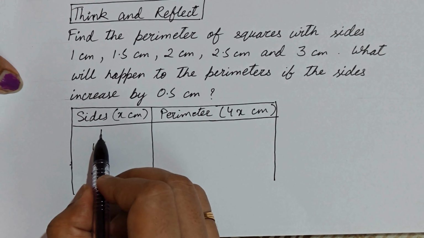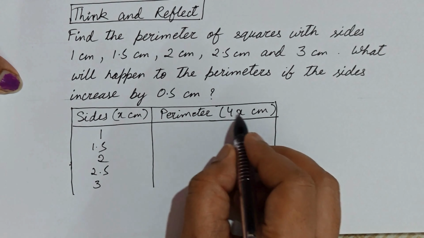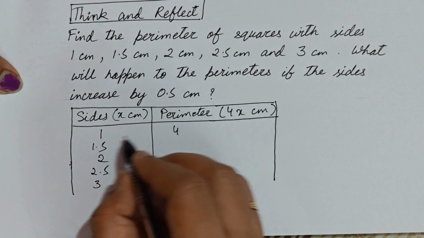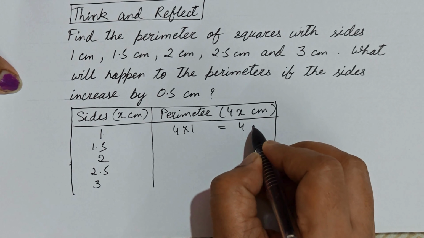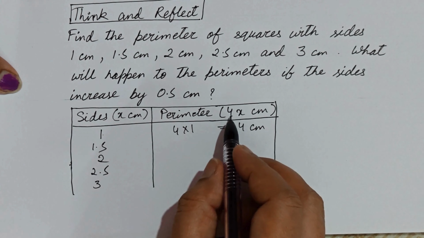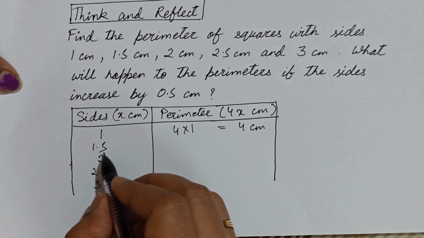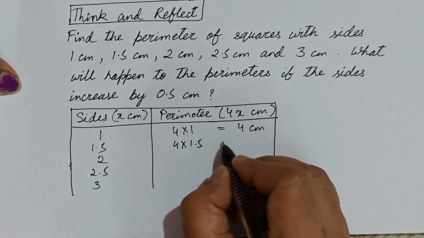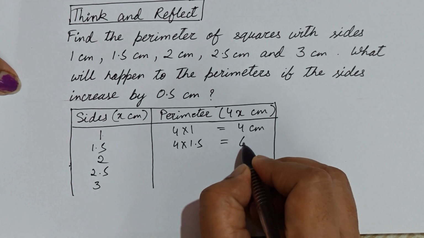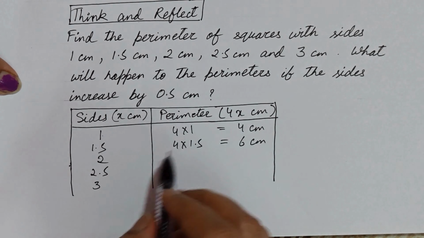Now with the side 1, 4x means 4 into 1, since x is 1, so it is equal to 4 centimeter. Next with the side 1.5, it will be 4 into 1.5. If you multiply, you get 6 centimeter.